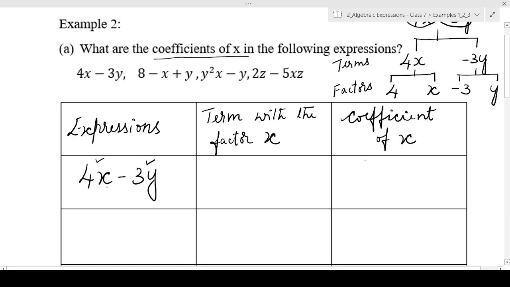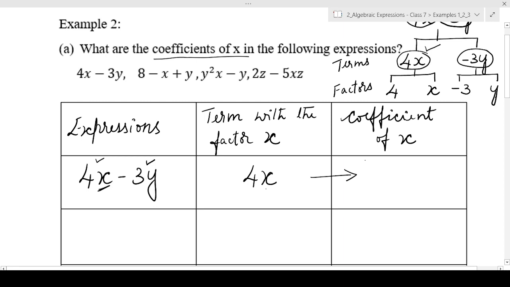Now, out of these two terms, which is the term which has x as a factor? In minus 3y, there is y, there is no x in this term, but there is x in the first term, 4x. So the term with the factor x is 4x.